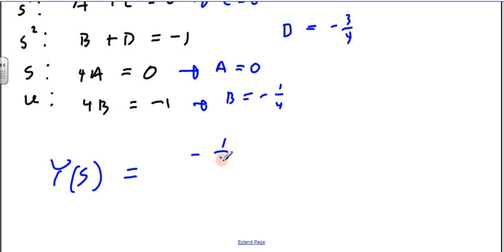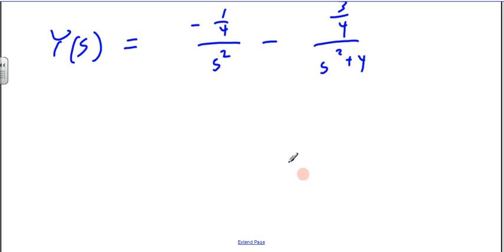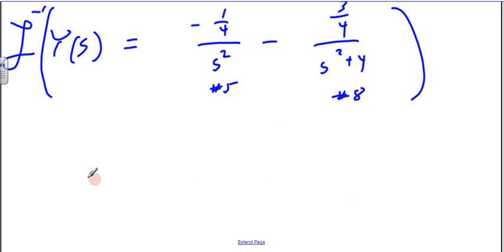Okay, so that being the case, Y of s has to be minus 1 over 4s squared, because the B guy was the s squared term, minus 3 over 4 times 1 over s squared plus 4. Okay, I'm going to use the same guys again. This guy's number 8, this guy's number 5. Do an inverse Laplace transform, both sides of the equation.